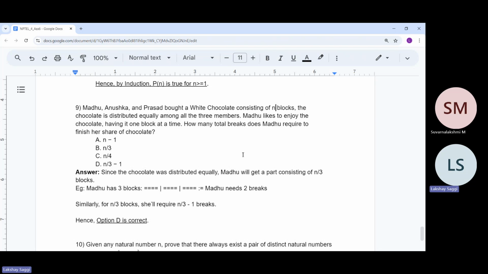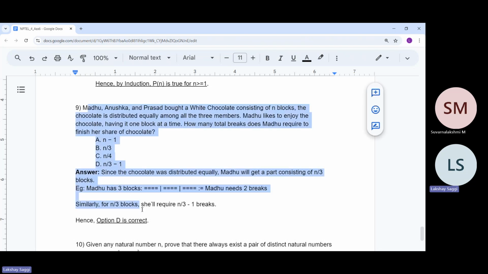Now, for a chocolate of length n by three, you will need n by three minus one breaks. That's why option D is correct. It's not too hard a question, but you just need to take care not to make any silly mistakes. Otherwise, this is a straightforward question.